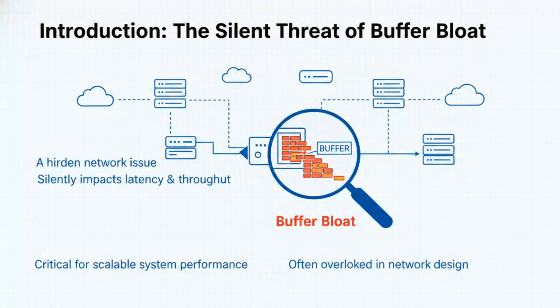While the concept of AQM has been around for some time, its practical adoption and effectiveness have soared with algorithms like CoDel, controlled delay, and FQ-CoDel, fair queuing, controlled delay. CoDel is particularly innovative because it focuses on maintaining low queuing delay by monitoring the time a packet spends in the queue, rather than just the queue length.